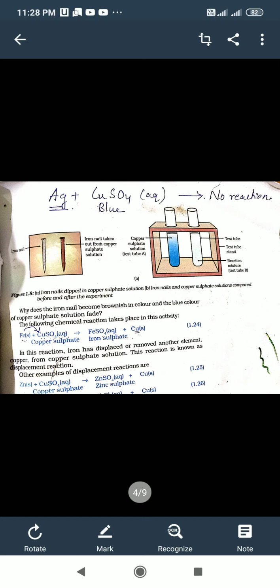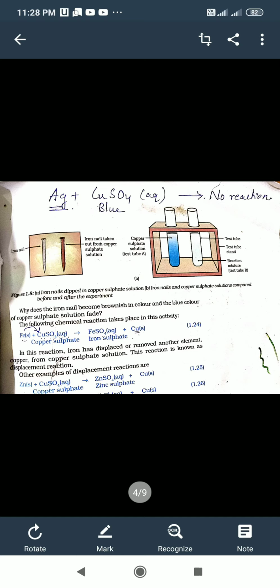Now why does this blue color fade? This is because when iron is dipped in copper sulfate solution, iron being more reactive than copper displaces copper from its aqueous solution. So this activity explains displacement reaction.